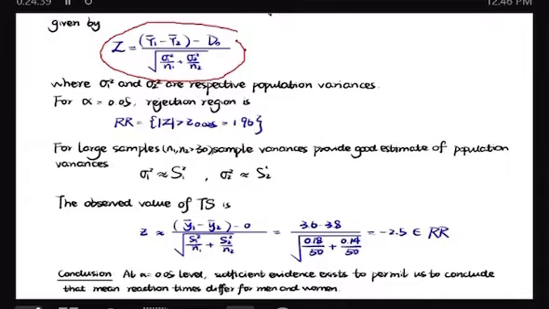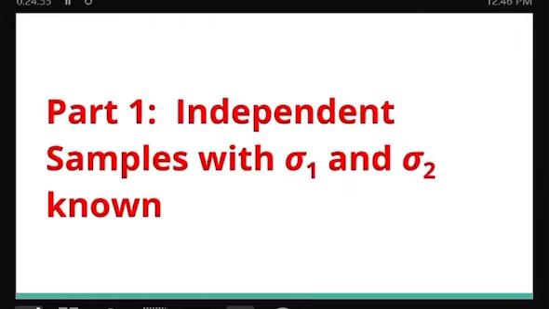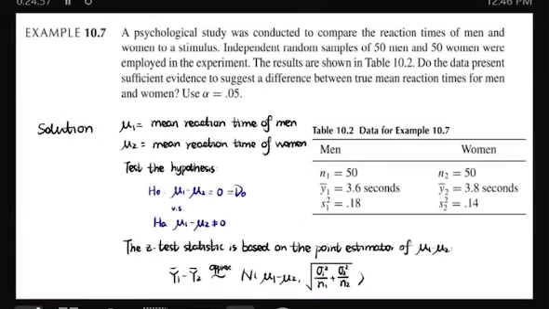The first one, y bar 1, is the sample mean from the first group, and y bar 2 the sample mean from the second group. The D0 is going to be assumed to be 0, because under the null hypothesis, what are we testing? We're testing that there is no difference. So the null hypothesis is always that the difference between mu1 and mu2 is 0.